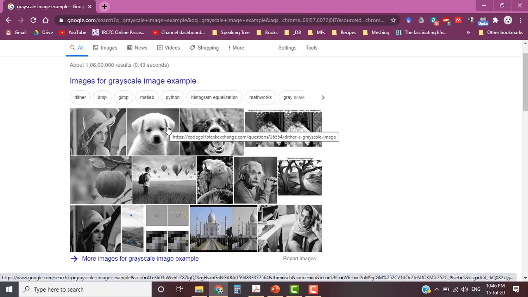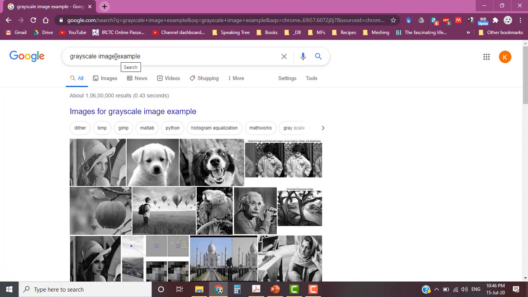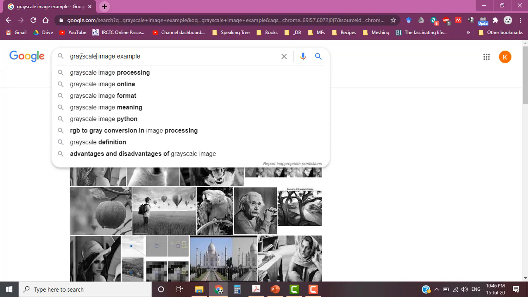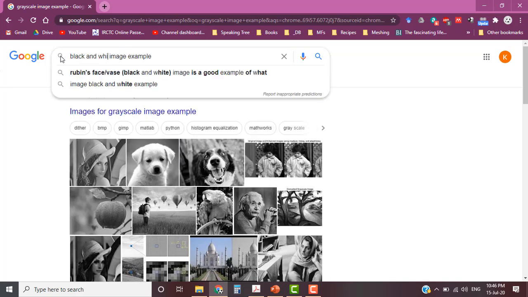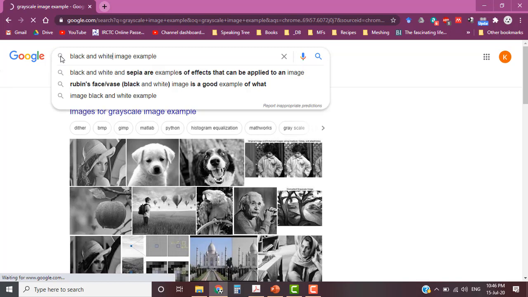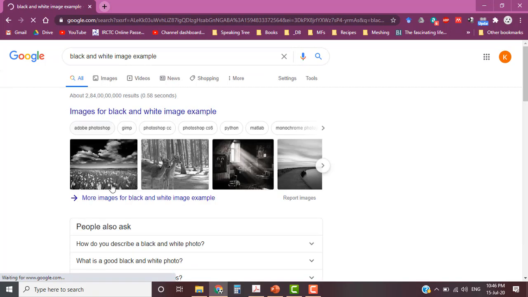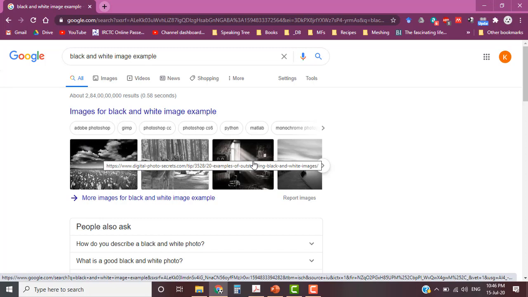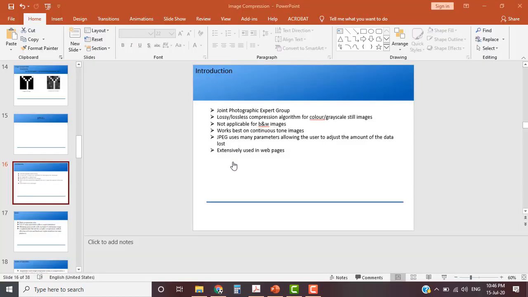Now this is black and white. You see, this is only black and white. So this is what a black and white image is. This is the difference between black and white and grayscale. I hope you understood the difference.